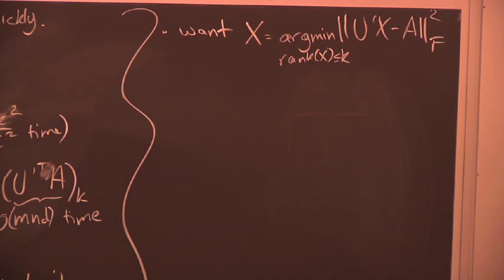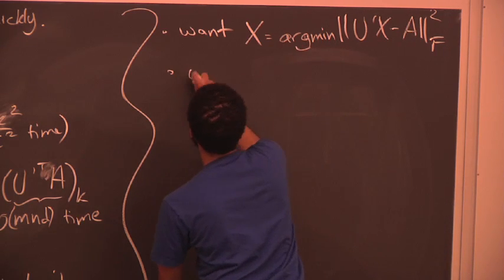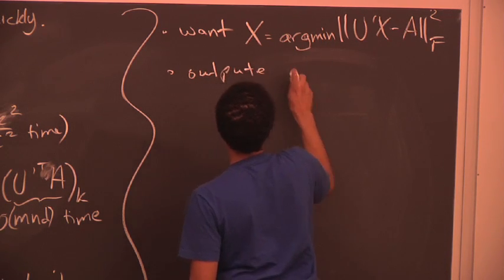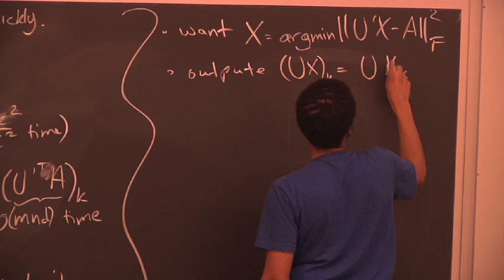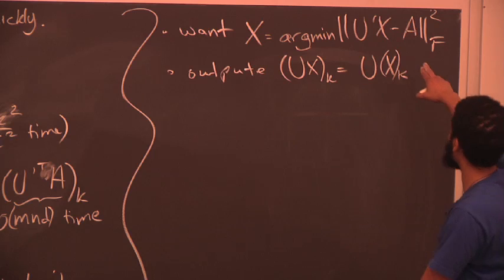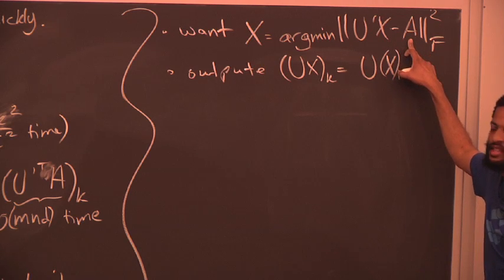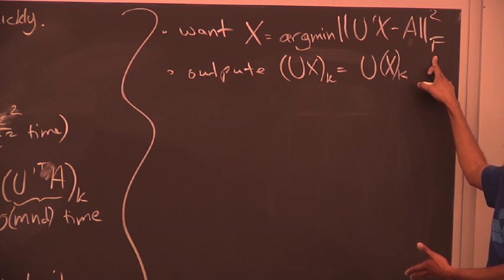That's what we actually want. Or alternatively, forget the rank constraint, and then what we do is we output U x_k. But the point is, we don't actually need x exactly. We can approximate. This looks a lot like regression. Imagine if A was actually a vector instead of a matrix, and this is L2 norm. This is exactly a regression problem, and then we're going to treat it that way.